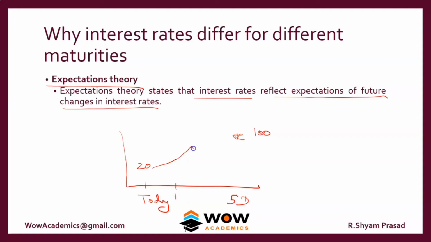The next day, in the second day, it will go to something like 60. In the third day, it will go to something like 80. The fourth day, it will go to 90. And in the fifth day, it will go to 100 because that is what you are expecting. So the price gradually keeps climbing and it reaches 100. So this is what is called the expectations theory.